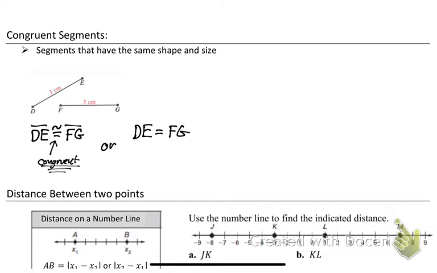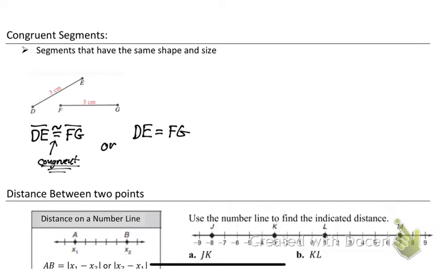So I wrote the second one correct. It doesn't have a congruent symbol, it has an equal symbol. Why do I use a congruent symbol for one and an equal sign for the other? And maybe an easier way to put it is, why do I use an equal sign for DE and FG? Yeah. Julian? Yes, sir.